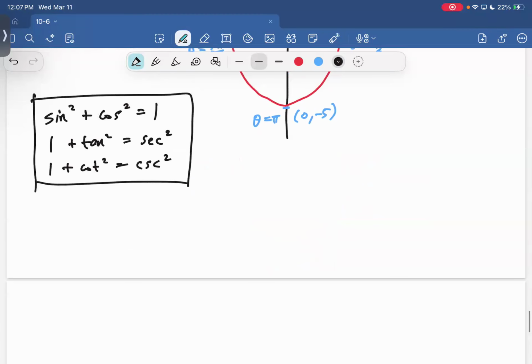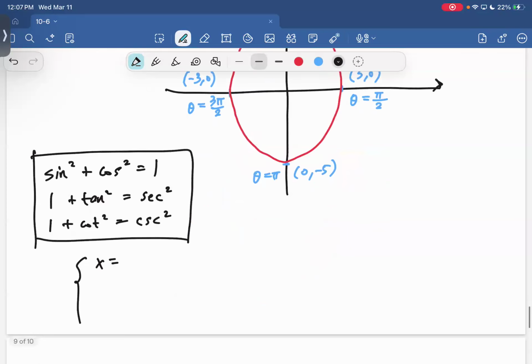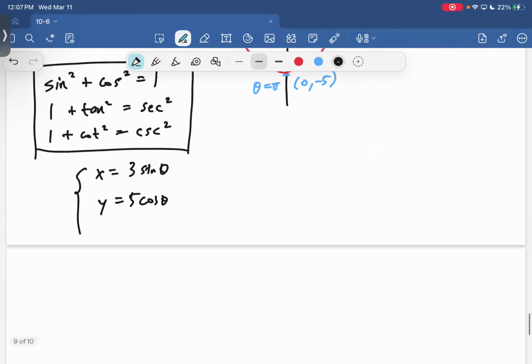Write down stuff, don't scroll so fast every single time. And so, let's take the equations we were just given. That's x equals 3 sine theta and y equals 5 cosine theta, right? Okay, so instead of isolating theta, let's just isolate sine and cosine and plug them into the identity.